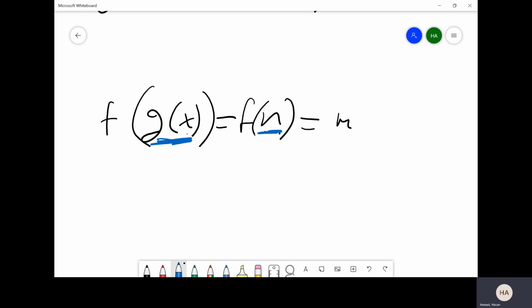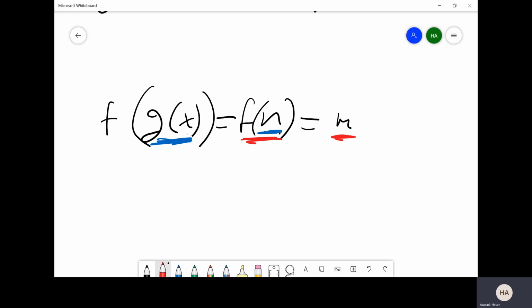And then that output becomes your new input for your second function, the outside function. And because you're putting an input into a function, even though you're doing it a second time, you're going to get a new output. Okay, so when you compose two functions together, it's essentially like doing an input and an output twice.